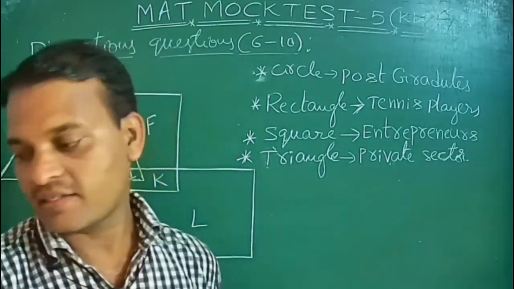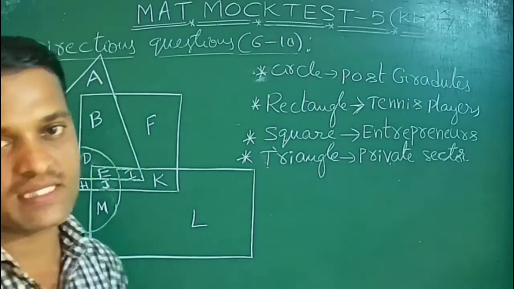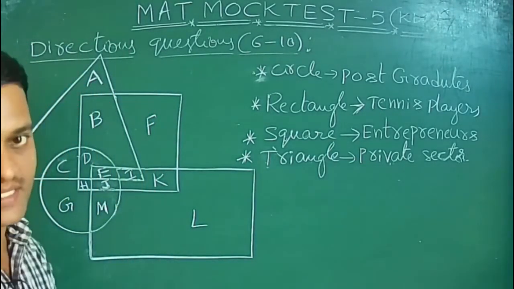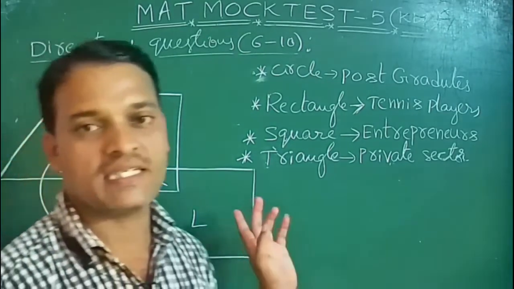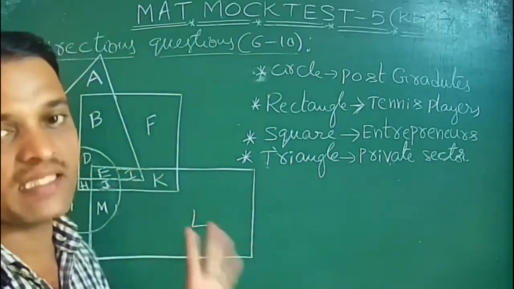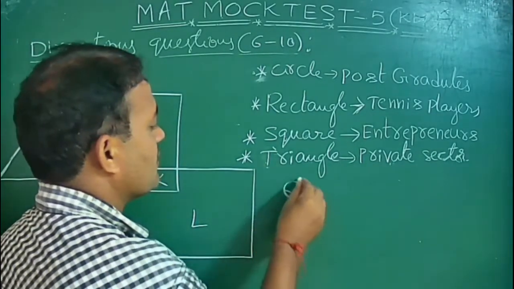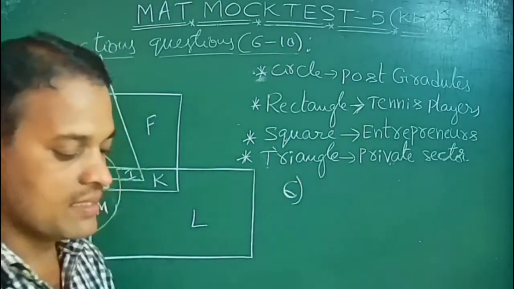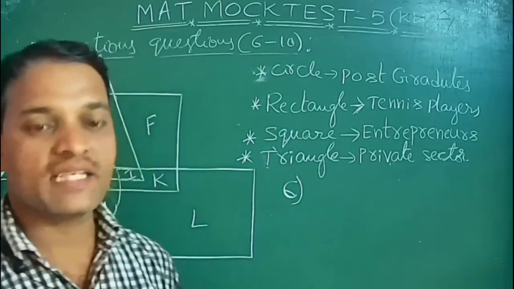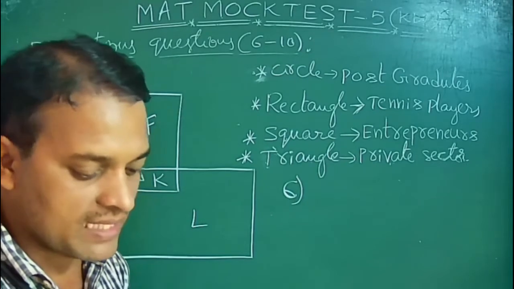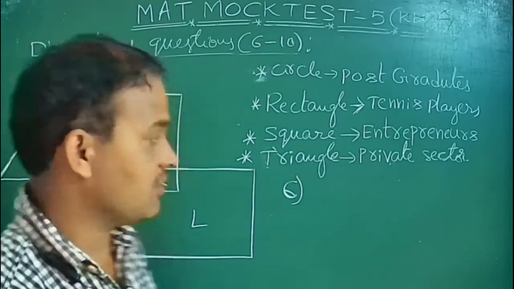So now here are questions 6 to 10. First, the sixth question. Simply, I'll read that question. Which of the following letters represents the people who are postgraduates and tennis players?